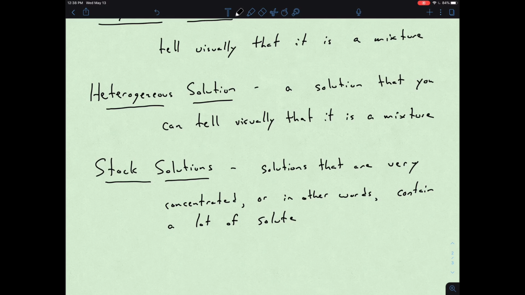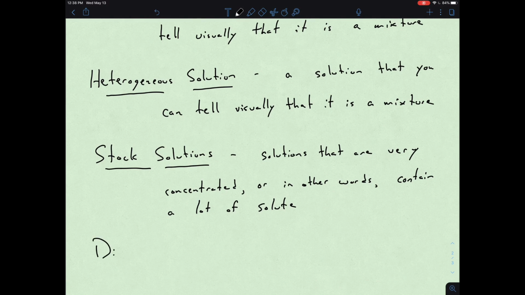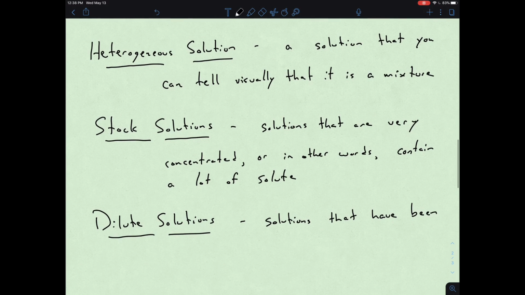And then you have dilute solutions, which are solutions that have been diluted by the addition of more solvent.